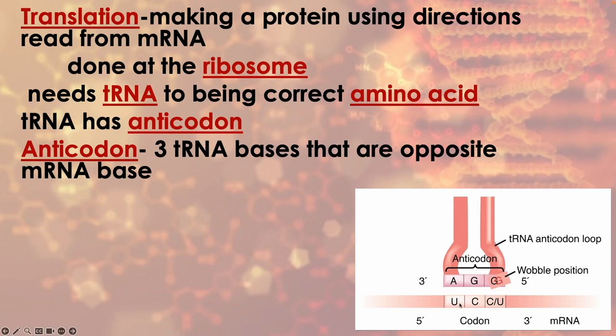And as you can see down here, on the mRNA, if we have a U, the tRNA is going to have an A. So you're kind of going backwards here. The C on the mRNA means that there's going to be a G on the anticodon.